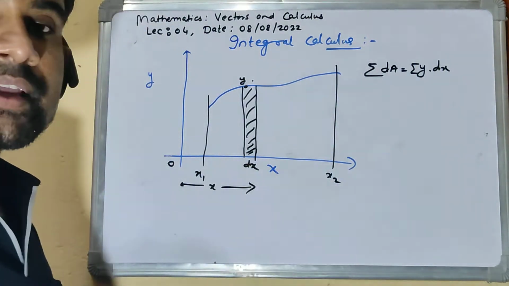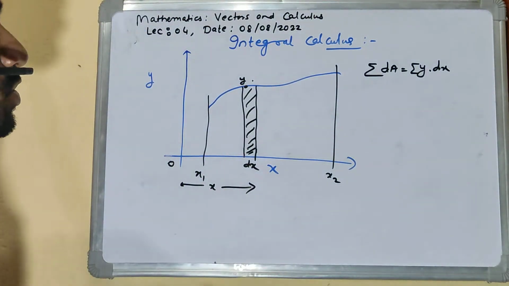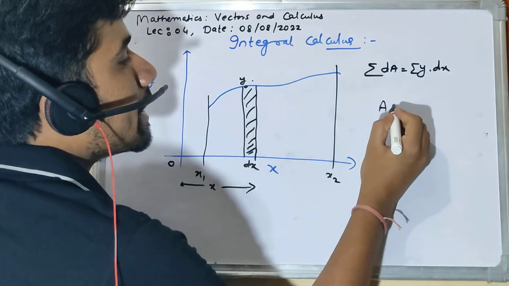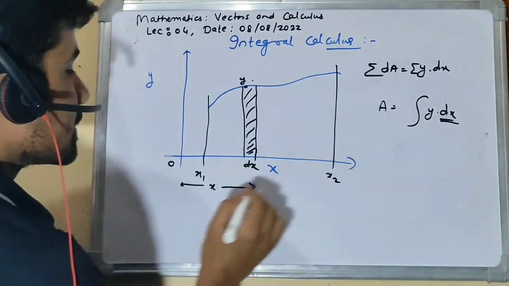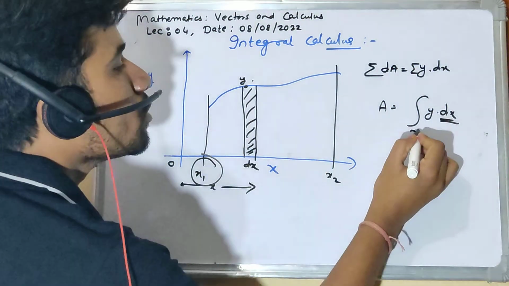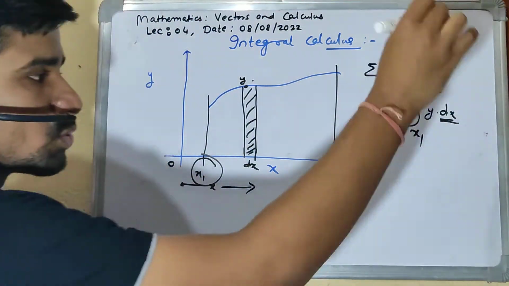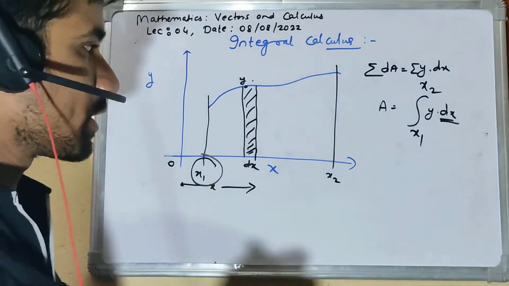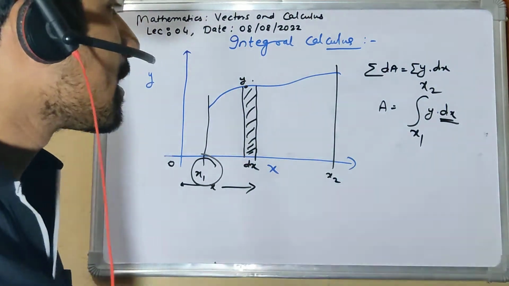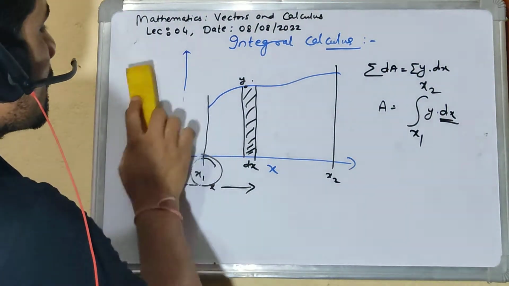So in these cases we go for integration. So the area will be nothing but the integration of this function y into dx with respect to x, from a point x1 to a point x2, right? Okay, let's understand more.